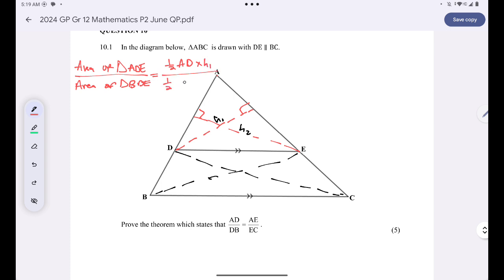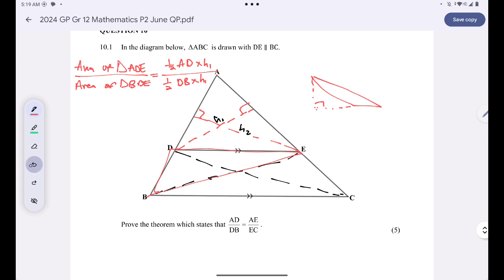Same thing applies here. The area of triangle BDE, BD or DB is my base, and my height is still h1. Please remember, guys, if I have a triangle like this, my height will be like this. I would get it to be perpendicular to this side. So in this case, this h1 will be our height.